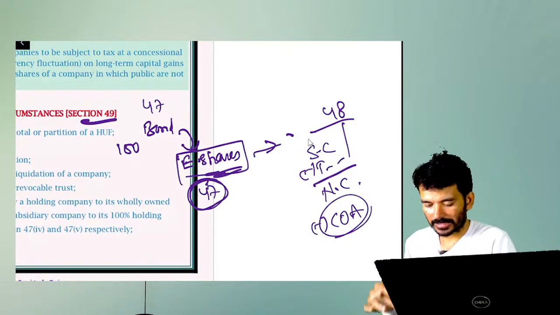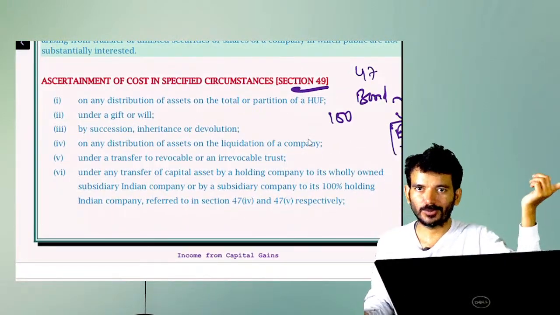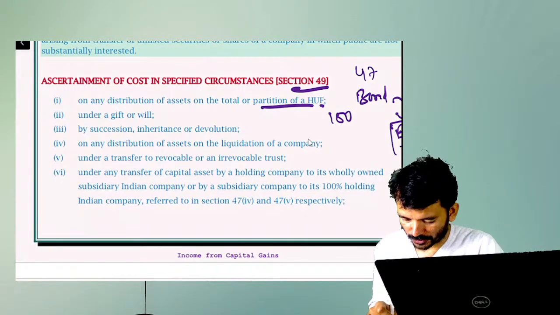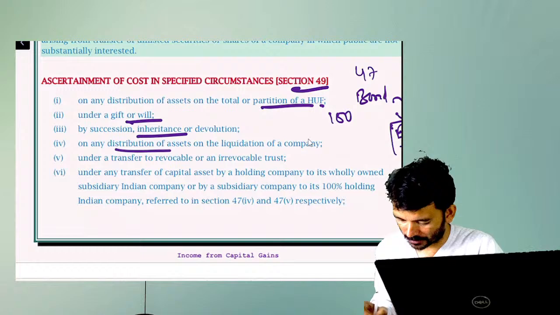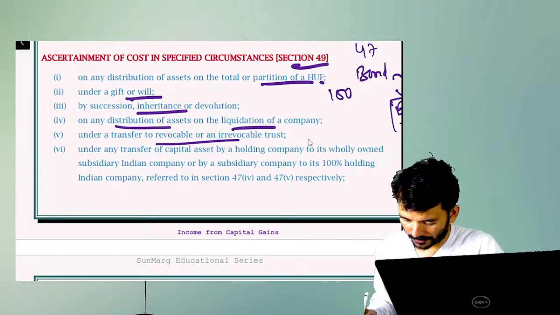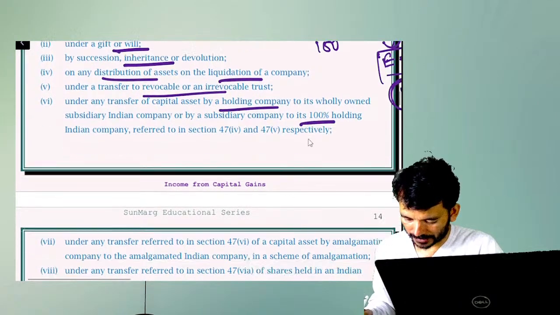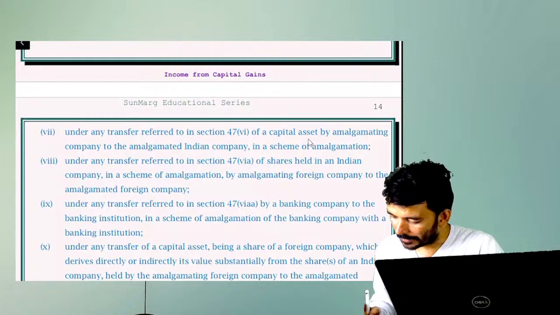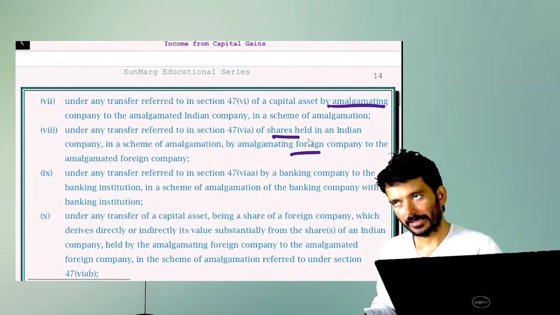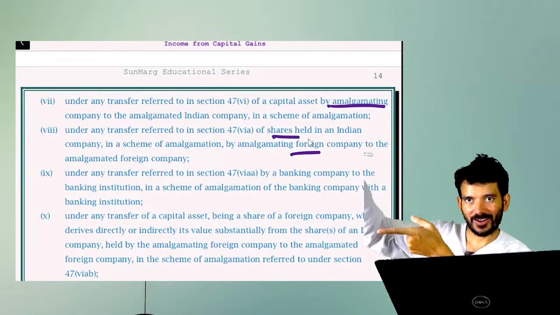Whenever there is not a transfer, as we discussed in section 47, all those things we will discuss in section 49, saying whatever is the cost to the previous owner will be costed to you. Like partition of HUF, gift, will, succession, or distribution on liquidation, and revocation of trust; a holding company giving to a subsidiary company having a 100% stake; an amalgamating company giving to an amalgamated company; a demerged company giving to a resulting company; an amalgamating foreign company giving to an amalgamated foreign company.